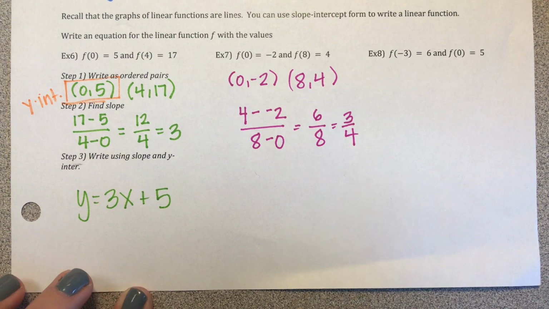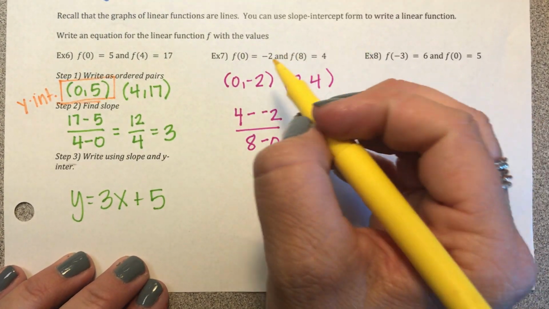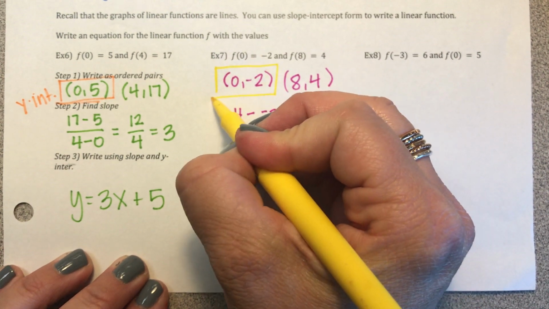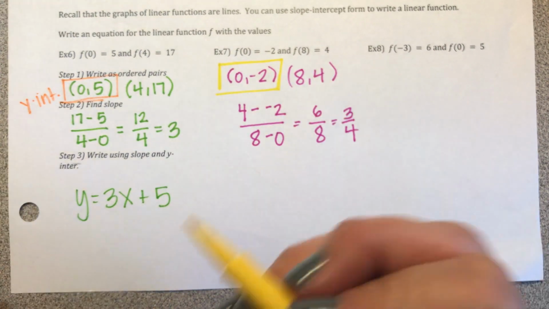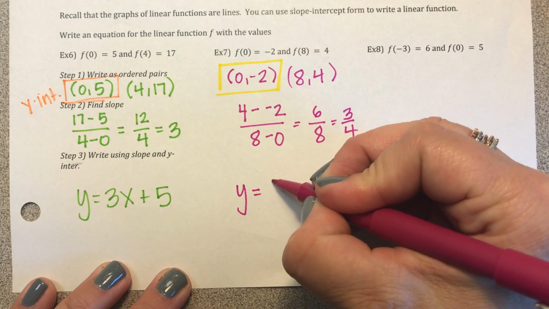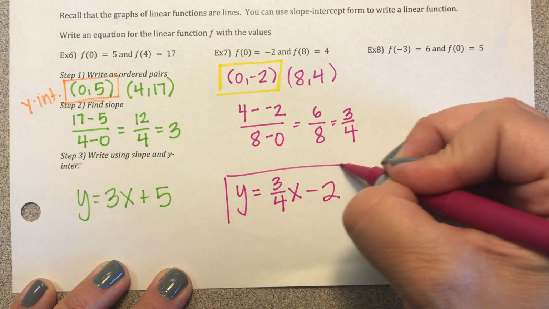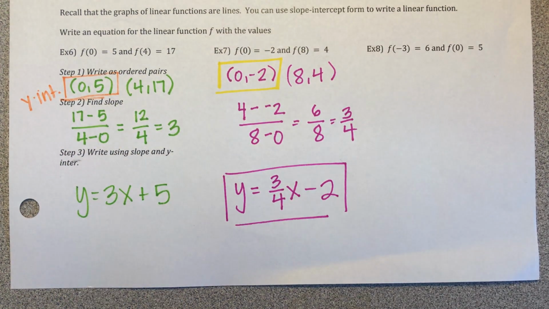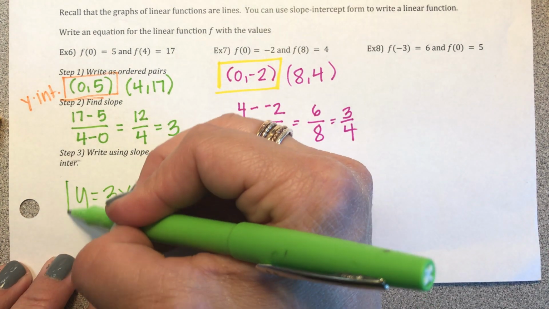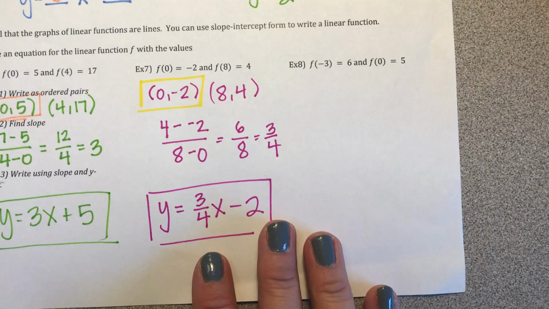And then my y-intercept, if I'm looking at these ordered pairs, this one has an x of 0. So our equation is y equals 3/4 x minus 2 because it has a y-intercept of -2. So why don't you try the next one on your own, and then come back and check your work.